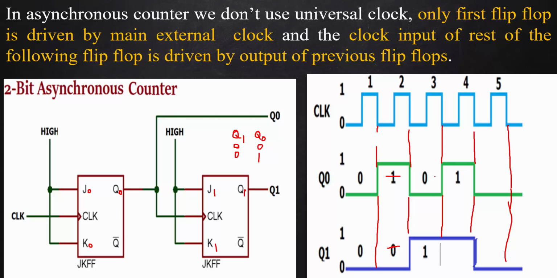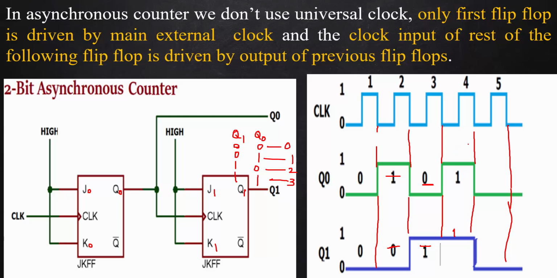In the third clock pulse, Q1 is 1 and Q0 is in low state, 0, so this is of the form 1, 0. Then what about the fourth clock pulse? In the fourth clock pulse, both are 1, 1. This is equivalent to decimal 0, 1, 2, 3. This will count in the upward direction, 0, 1, 2, 3.